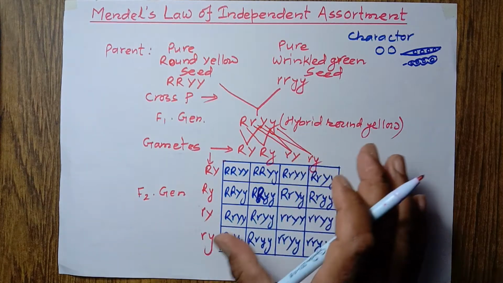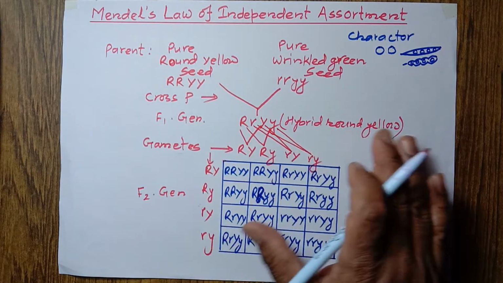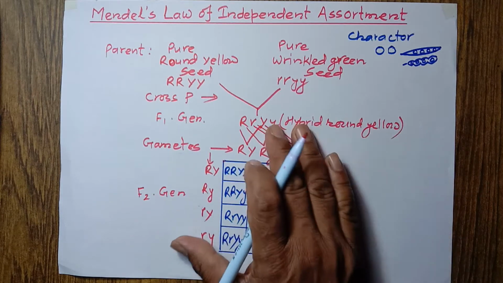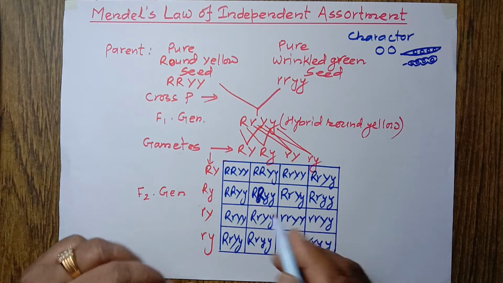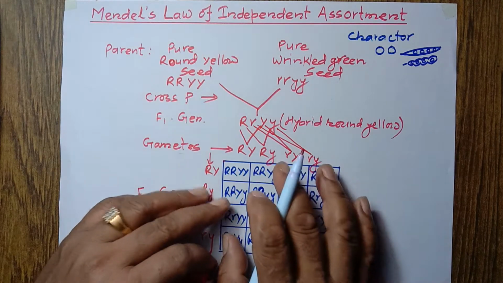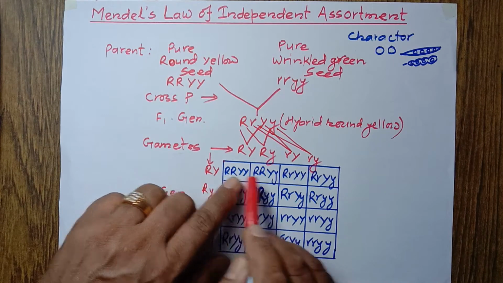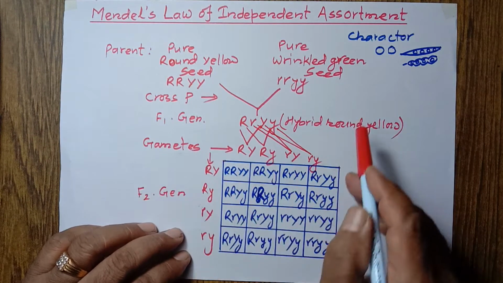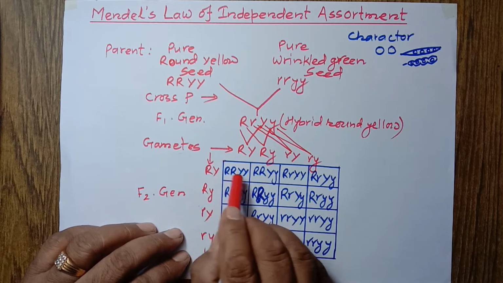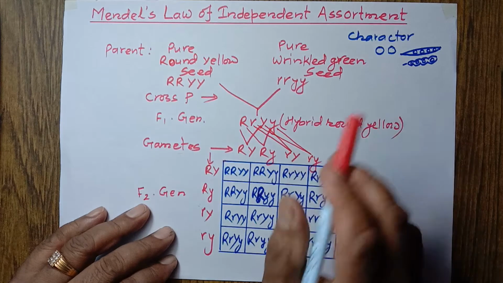And what is the result in the F2 generation? When the hybrid round yellow seeded pea plants of the first generation are self-pollinated with each other, this result is found. Now, how can we verify this result? These pea plants can be called round seeded if one of the R is capital, because round is the dominant character.